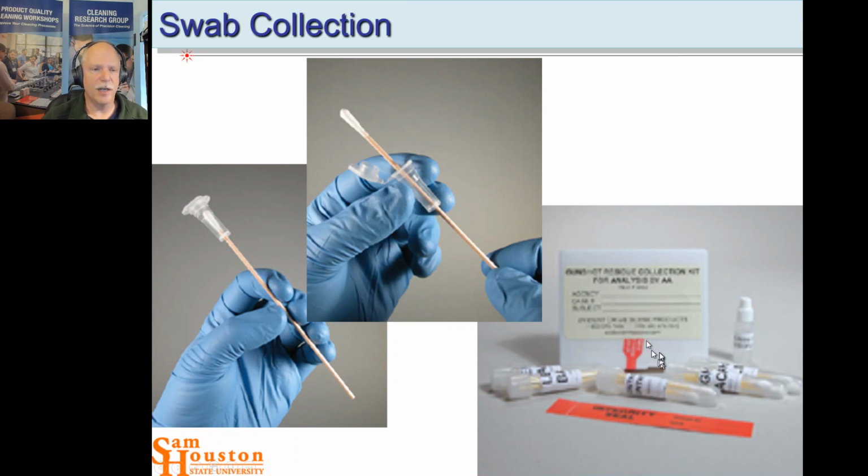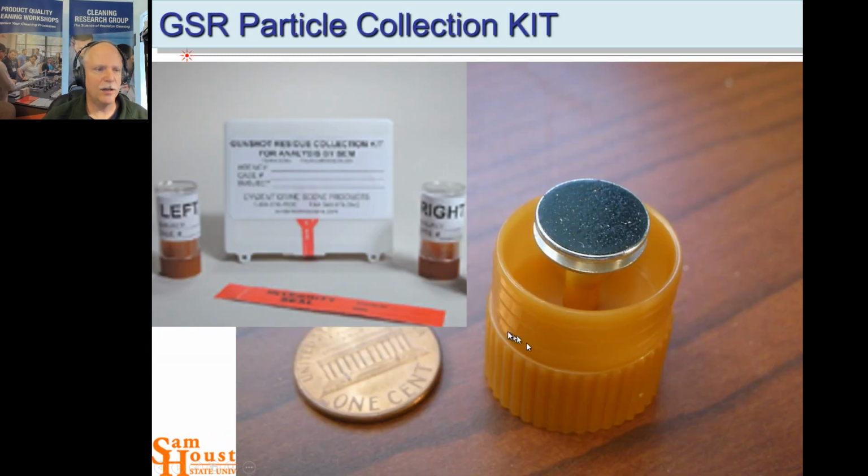So this would be the analysis kit. You have the swabs inside those little plastic cups, and you've got some evidence tags, and you would bag that and send it in for analysis. Here's another way of doing it. These are little swabs that have a foam insert and a little cap that goes on it. And Penny is here just to show you the scale.